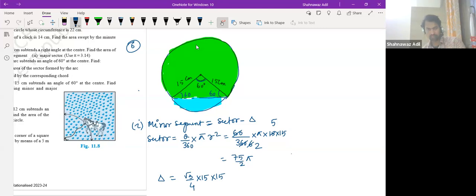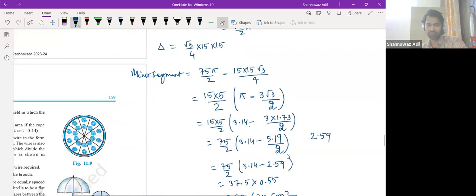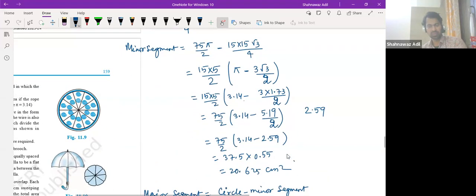Can you scroll down? Yes, sir. Yeah, so they are getting 20.4375 and we are getting 20.625. So both are correct. The orders cannot be much larger, right?